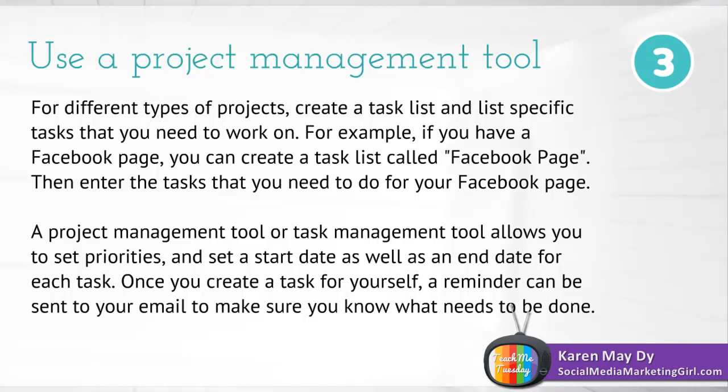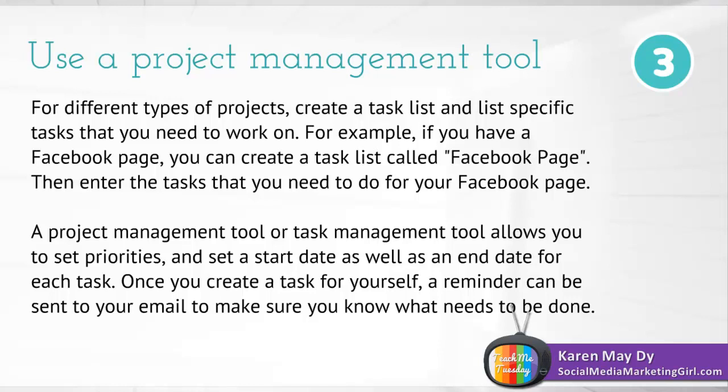So for different types of projects, create a task list, like a master task list, and list specific tasks that you need to work on. For example, if you have a Facebook page, you can create a task list called Facebook page, and then enter the tasks that you need to do for your Facebook page.